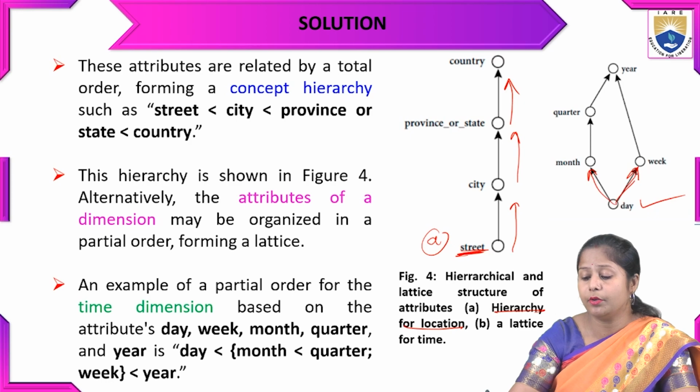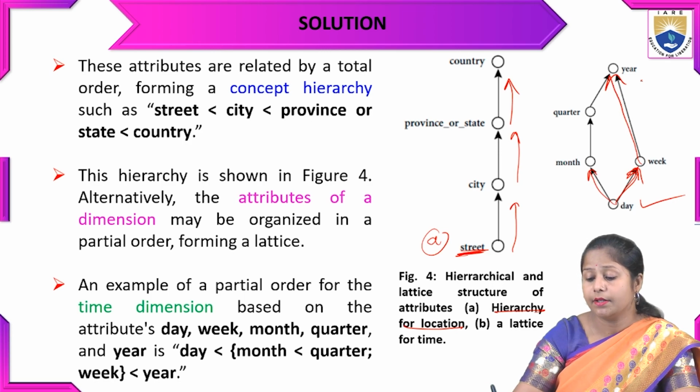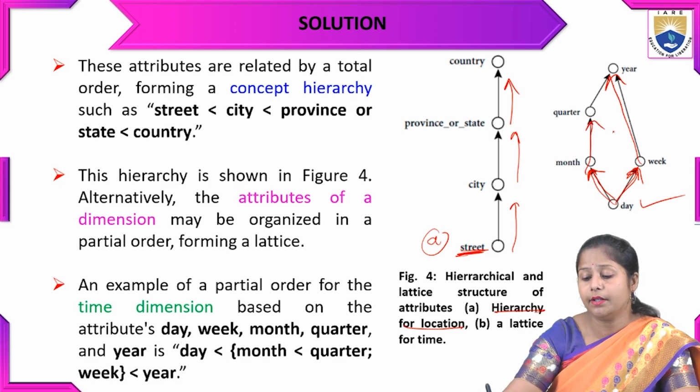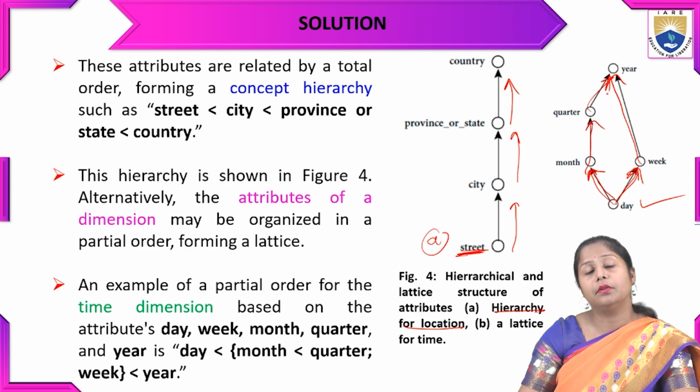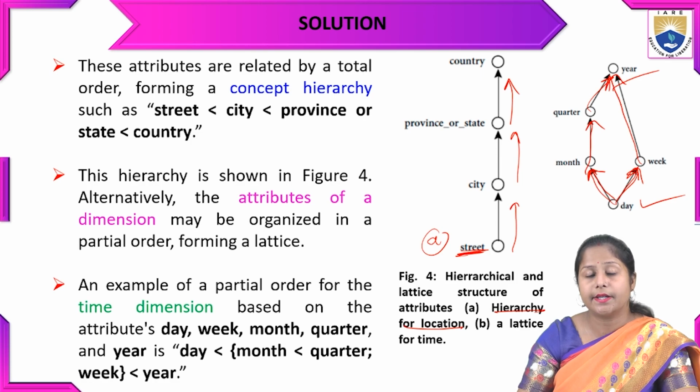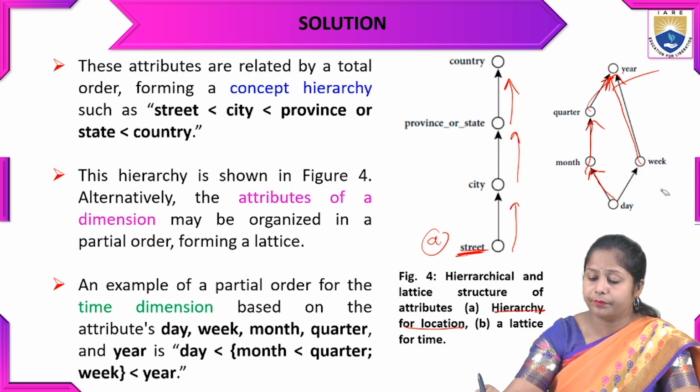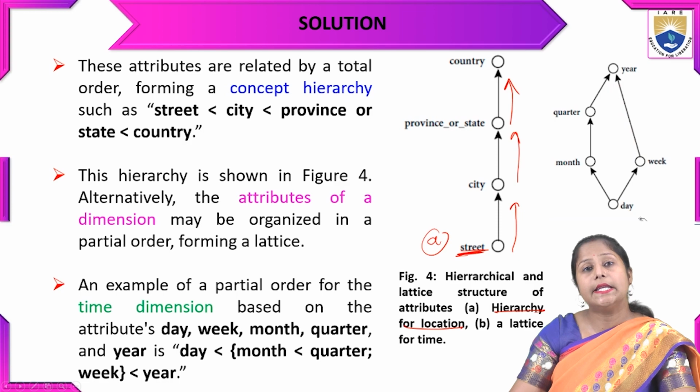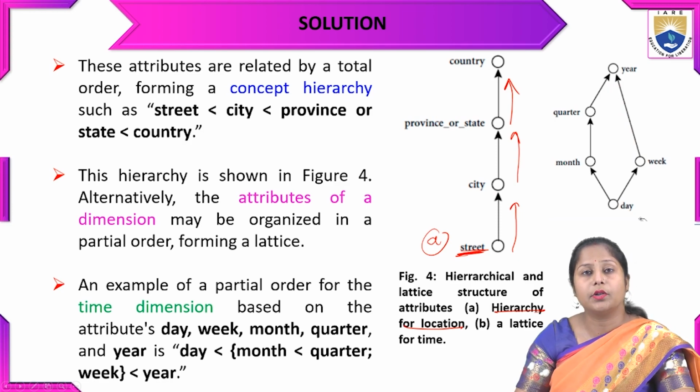Months again are divided into quarter, which is subdivided into year. That is the lattice structure for the time dimension. So these attributes are related by a total order.